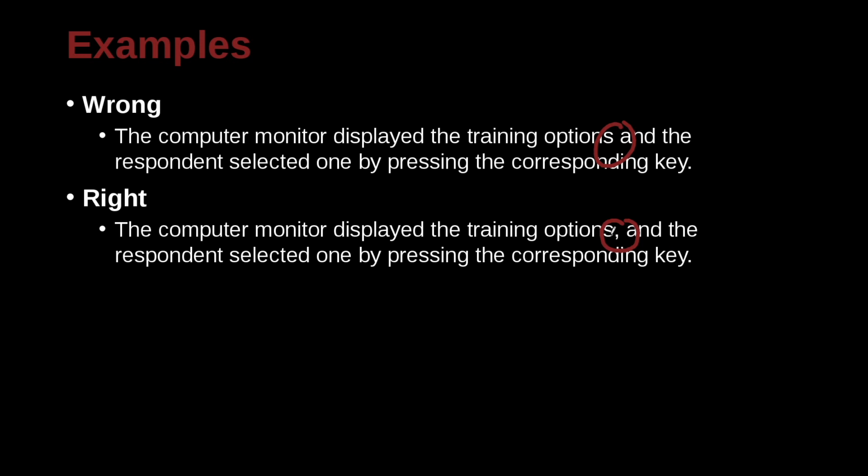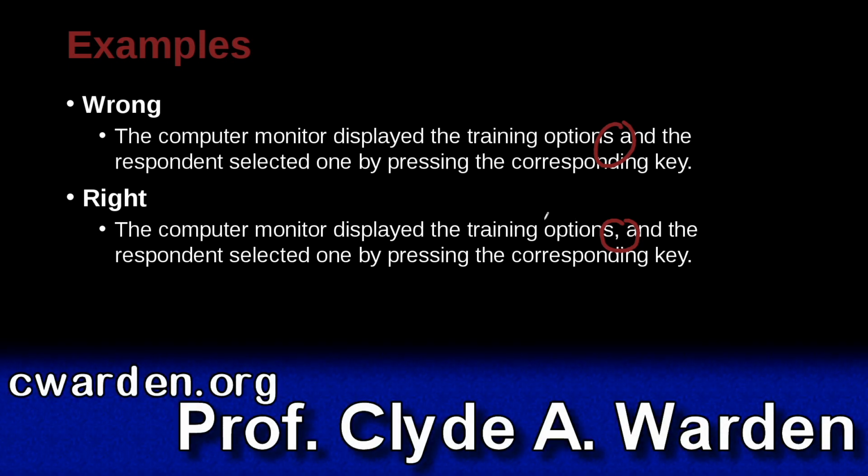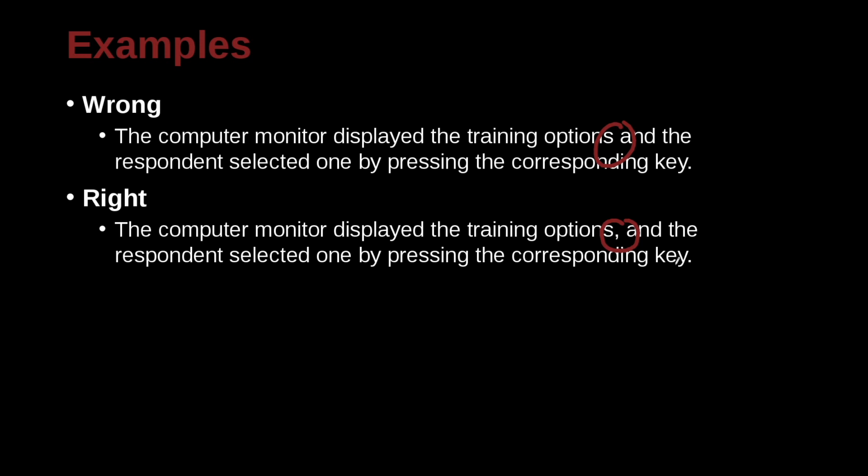Well, we can see that the correct one is with a comma, and that is because the computer monitor displayed the training options. That can be a sentence, that's good. The respondent selected one by pressing the corresponding key. That can be an independent sentence. So these two can be independent, so we can use the conjunction and the comma.